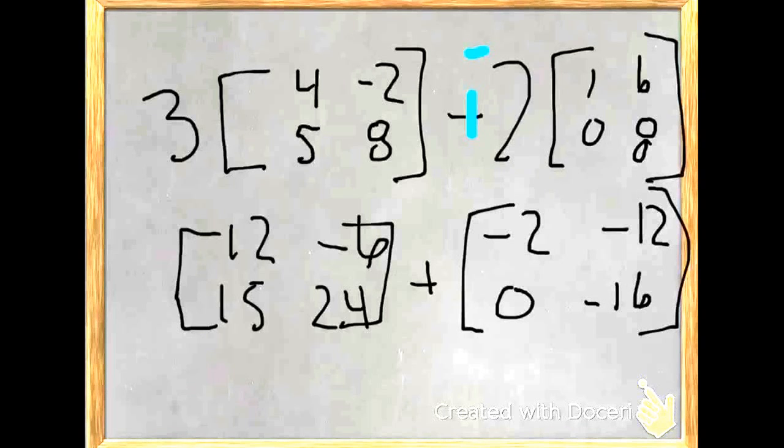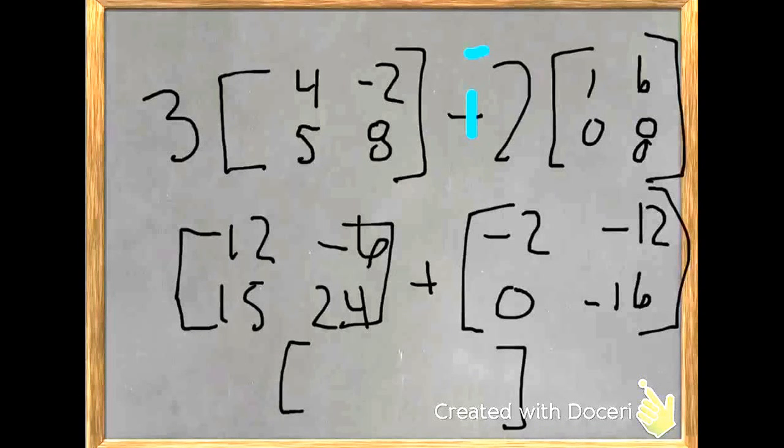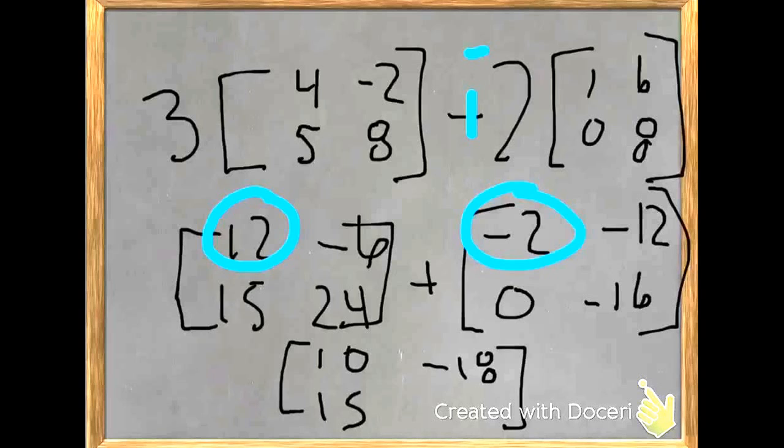Now we add them together. We're following the order of operations just like we would with just a few numbers at a time instead of a whole table. So now this last table, we're going to do 12 plus a -2, -6 plus a -12, 15 plus 0, and 24 plus a -16 would be 8.